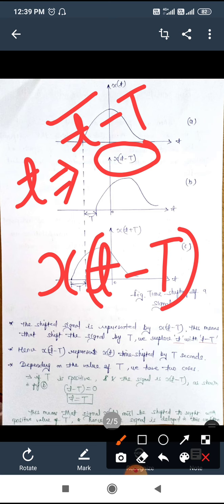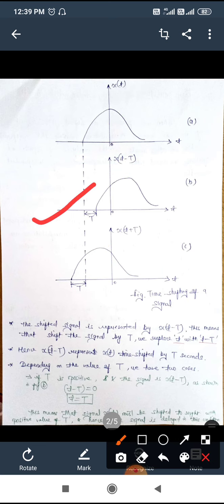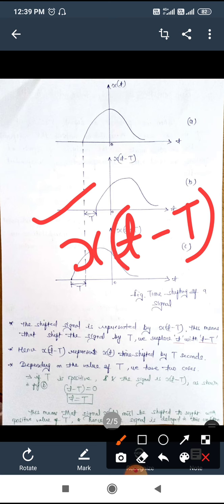How do we get this diagram? The second diagram is nothing but x(t minus T). This diagram shows the time shifted by T in the positive direction. Here, as we have seen this expression x(t minus T), how will we know whether this signal is shifted toward the right or the left?